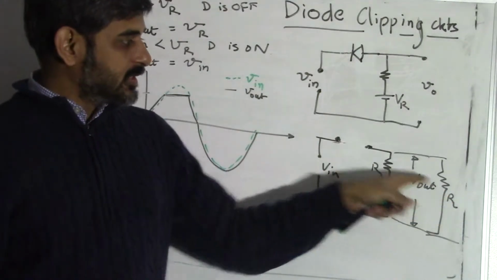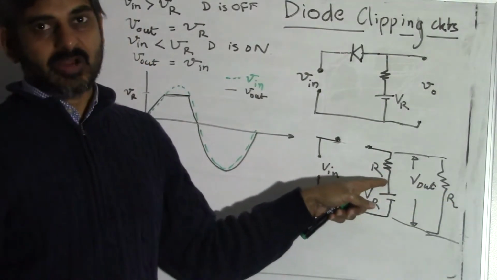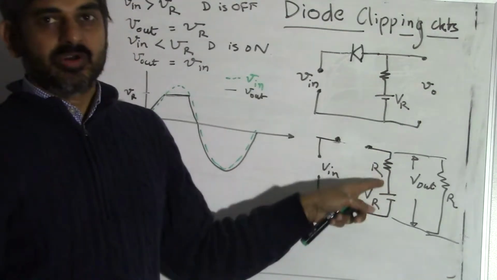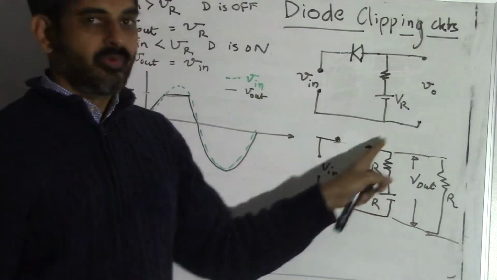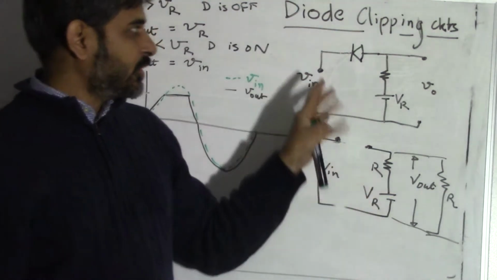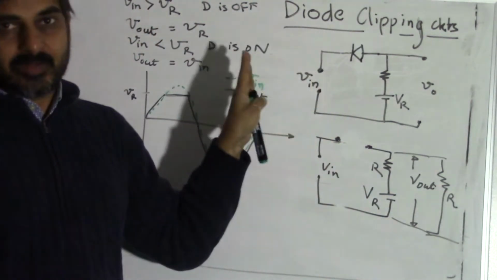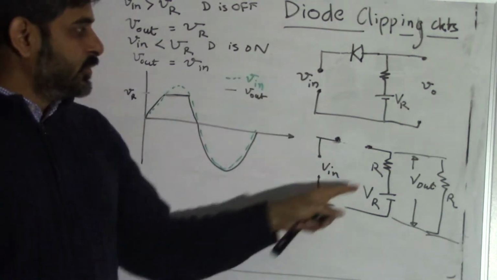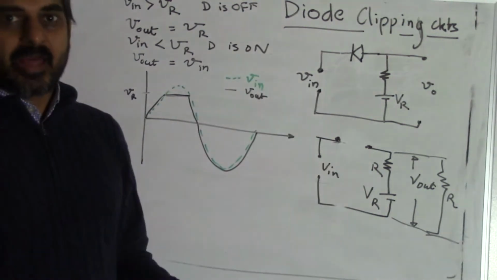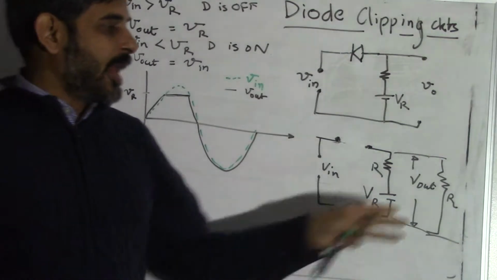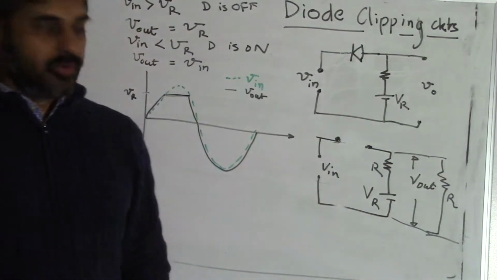If the load resistance is comparable to this resistor R, then there will be some drop across this R resistor when the current flows in this loop. So in order for this circuit to function as a good clipping circuit, we need to keep R substantially lower than the expected load resistance.